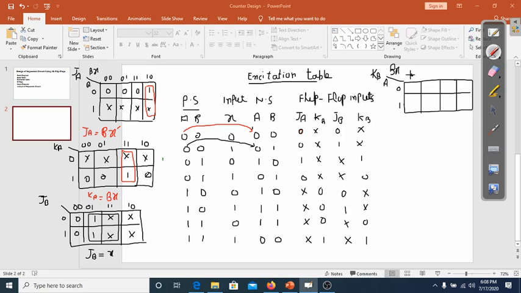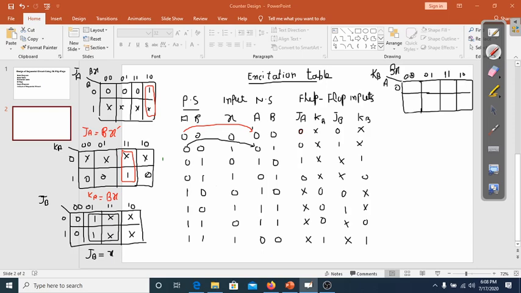BX have combinations 00, 01, 11, 10. Sorry, okay, let me erase this and redraw this map.